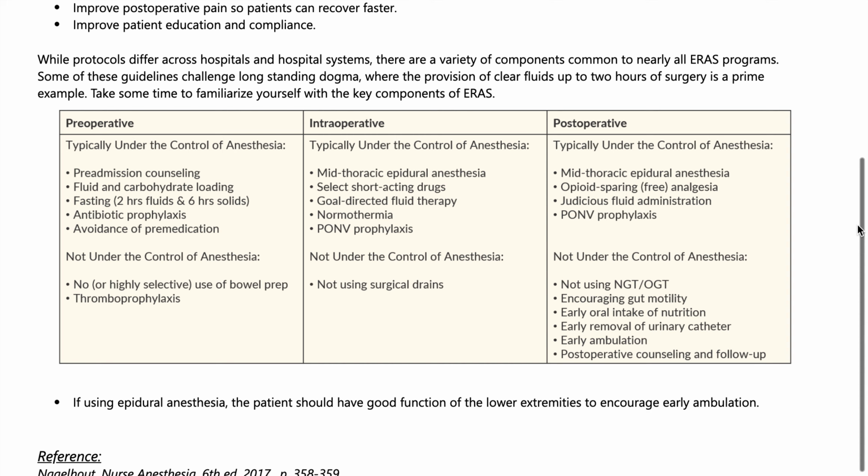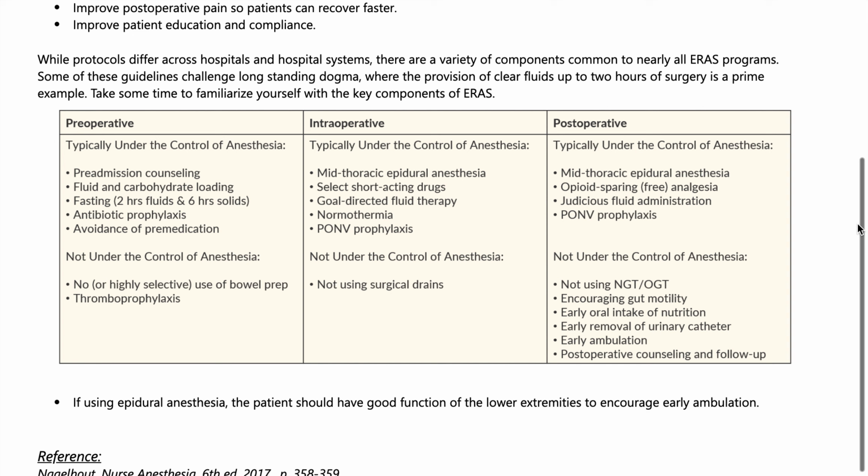So there's pre-op considerations. These are typically things that are under the control of anesthesia, and this includes pre-admission counseling, fluid and carb loading, fasting, meaning 2 hours for fluids and 6 hours for solids, antibiotic prophylaxis, and avoidance of pre-medication. However, there are some preoperative items that are not under the control of anesthesia, such as no use of bowel prep and thromboprophylaxis.